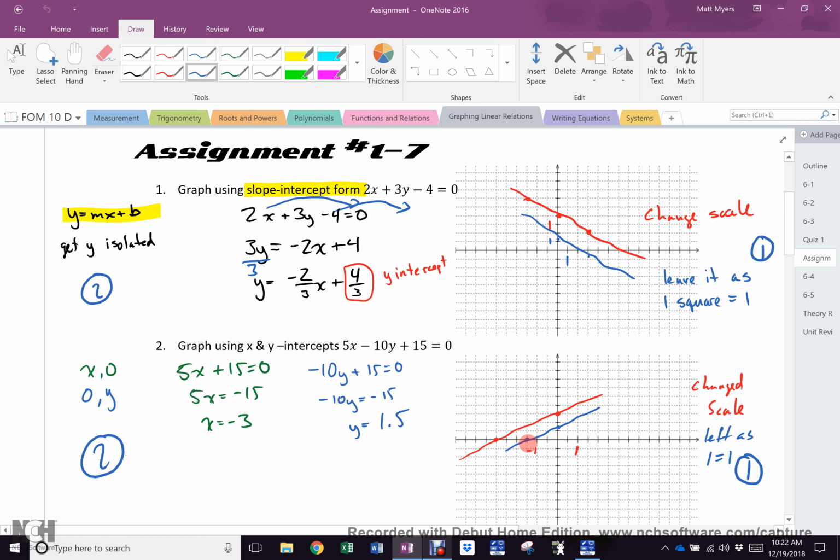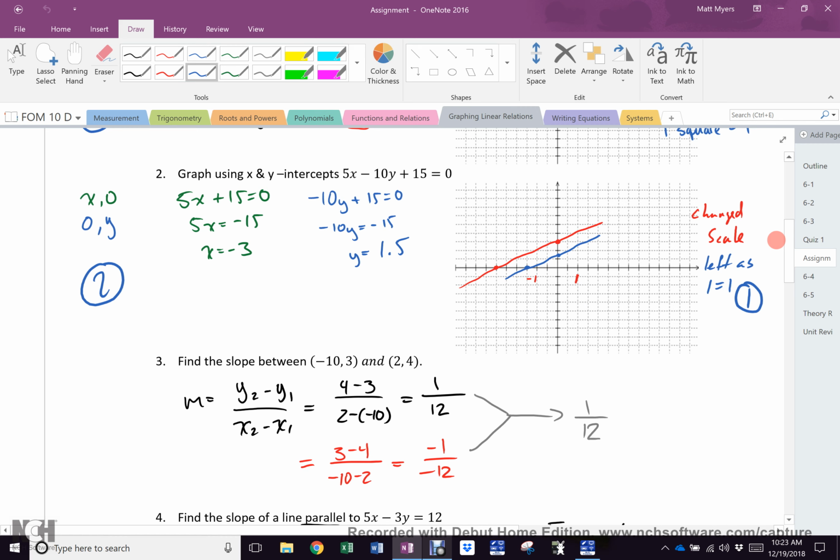The other one was at -3 and I connected it. Again, I do not care which you do. But if you change the scale, you have to show me by at least giving me 1. When I see that, I know that that means 1 square is worth a half. It's out of 3. 2 for the work, 1 for the graph. Everybody good?